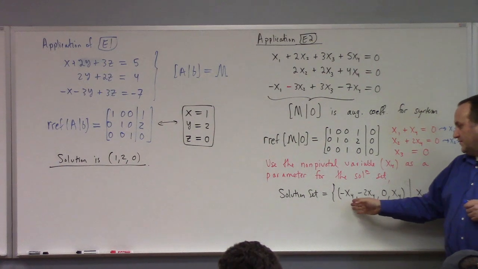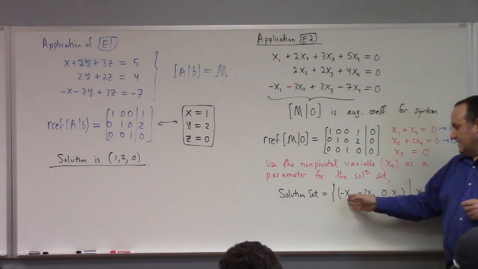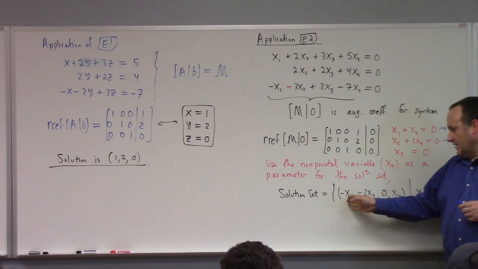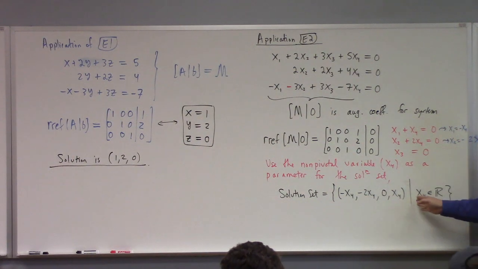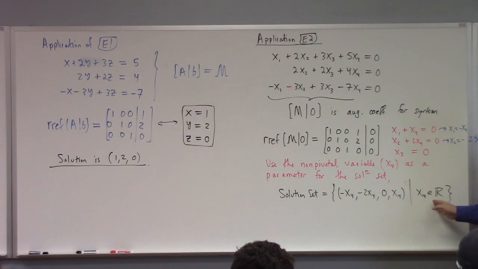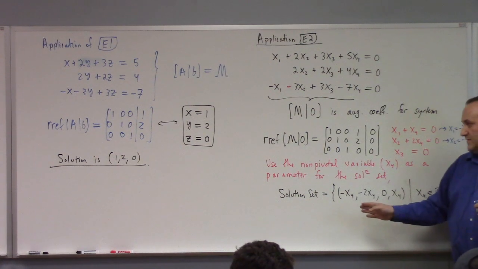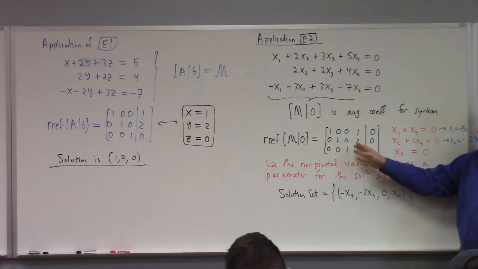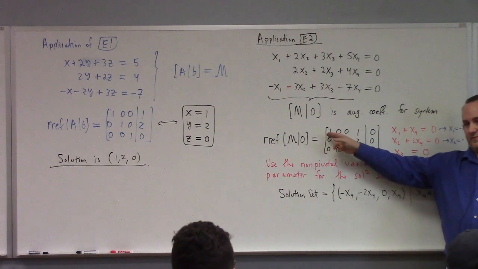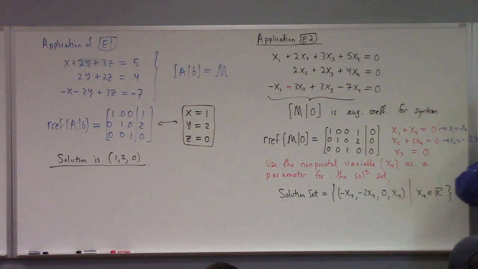So every pivot variable can be recast as a formula in terms of the non-pivot variables. So we can parameterize the solution, if you will, with the non-pivot variables. We can always do this because the reduced echelon form is always going to be such that the resulting equations allow you to write every pivot variable in terms of the non-pivot variables in the solution set. Okay.